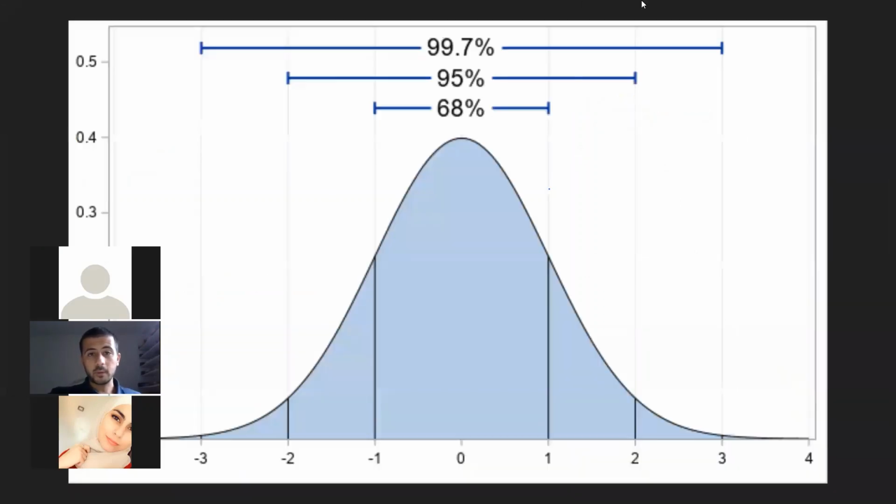Why? Because we have this 95%, and if you remember, for each confidence interval they usually say the 95% confidence interval, because we have a confidence interval for 68% and we have a confidence interval for 99.7%. So we should define which confidence interval we are using. Most likely in every paper you are going to read, it will be 95%.